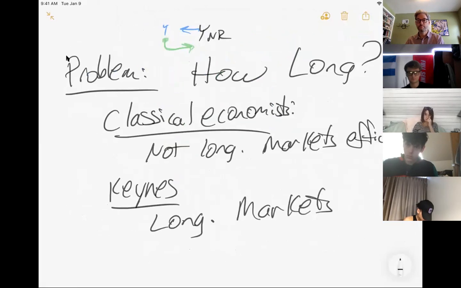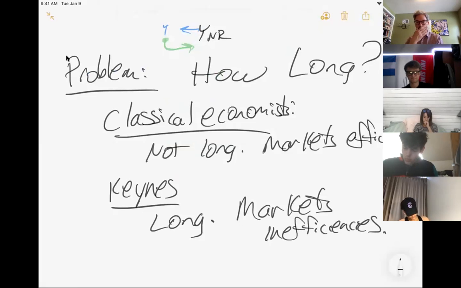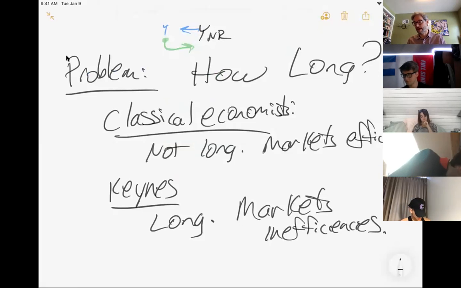Why? Because markets often have distortions and inefficiencies. Because Keynesians believe that wages don't adjust quickly, that people's expectations don't adjust quickly, that it just takes a long time for these things to work themselves out.